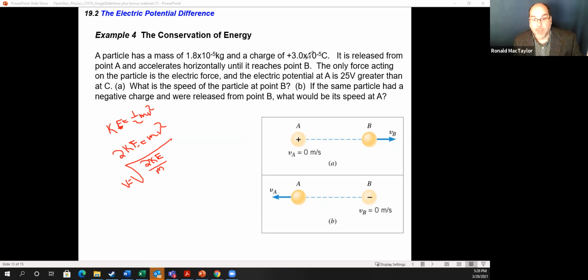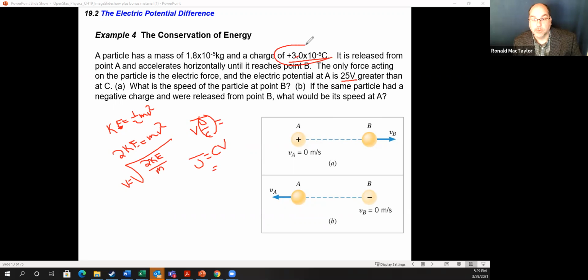So we have a certain amount of charge, we have voltage, so volts is joules per coulomb, and we're looking for joules. Volts is joules per coulomb, so joules equals coulombs times volts.